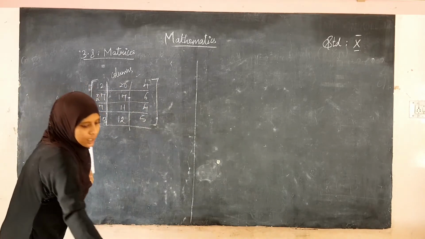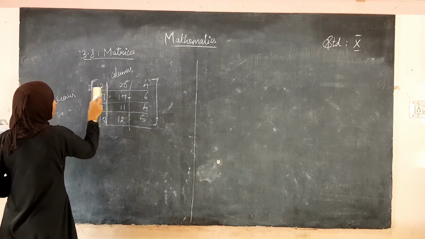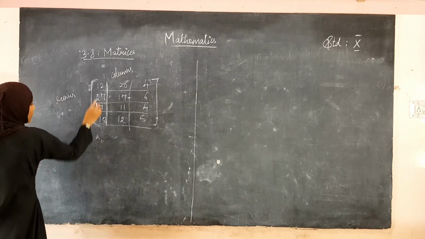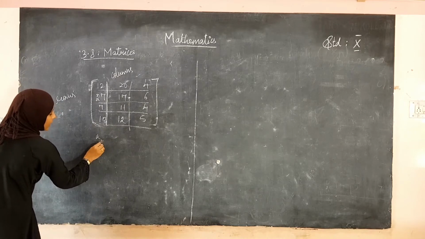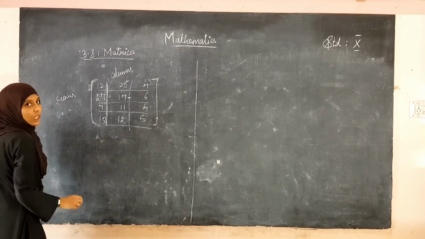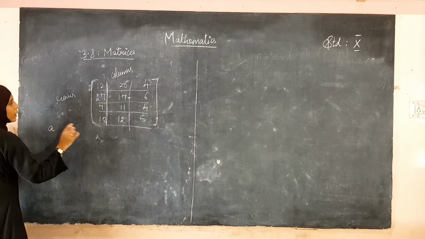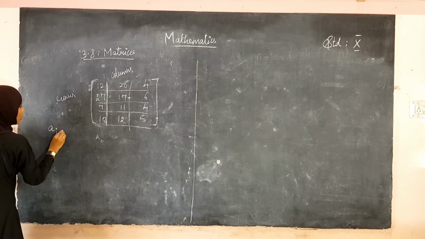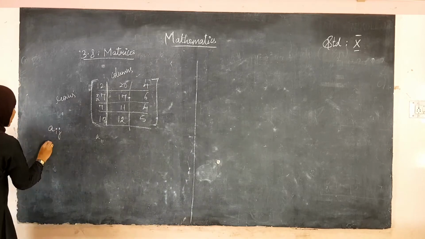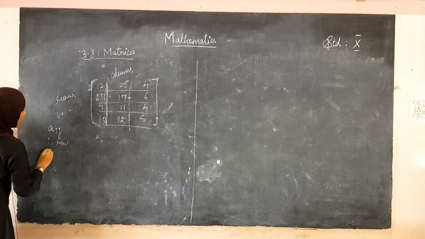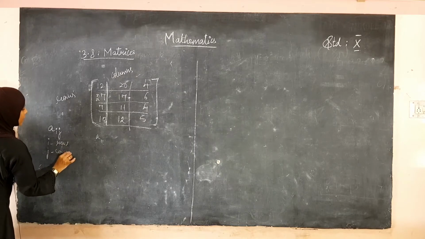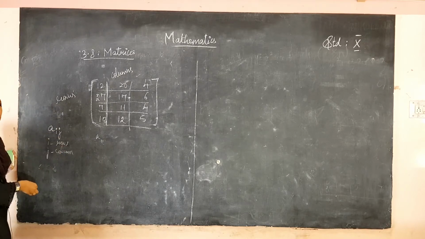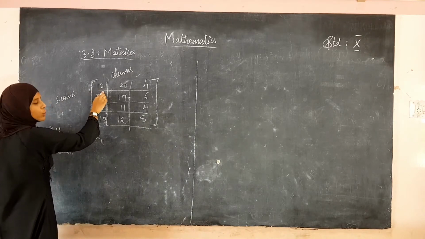See here, this first element is said to be A11, because the first one denotes the row and the second one denotes the column. Normally an element in a matrix is denoted by Aij, where i is the row and j is the column, that is, the element in the ith row and the jth column. So this one is A11 because it is first row and first column.